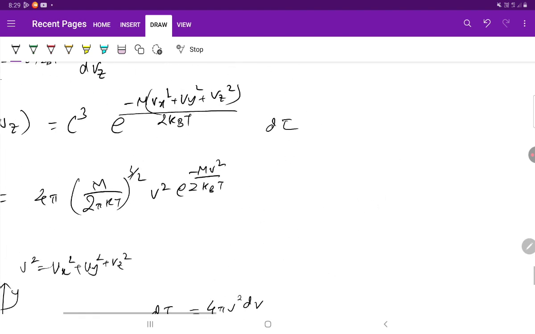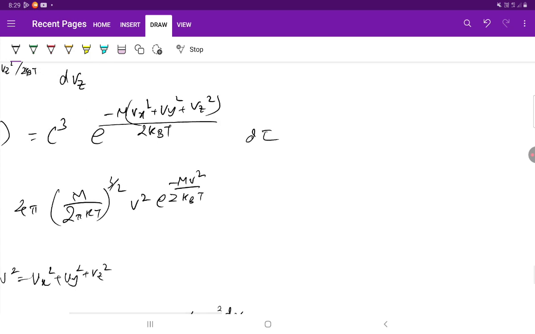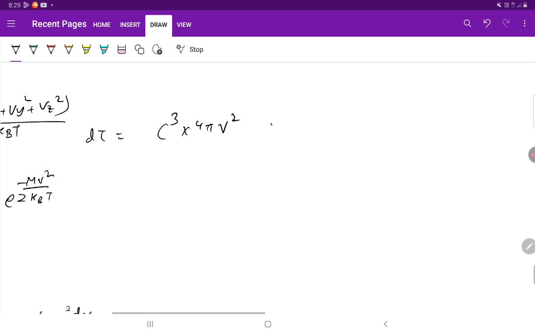Okay, hope you get it. Now we just need to substitute d tau as 4 pi v square dv. You will get dP equal to c cube into 4 pi v square e to the power minus mv square by 2kBT dv.